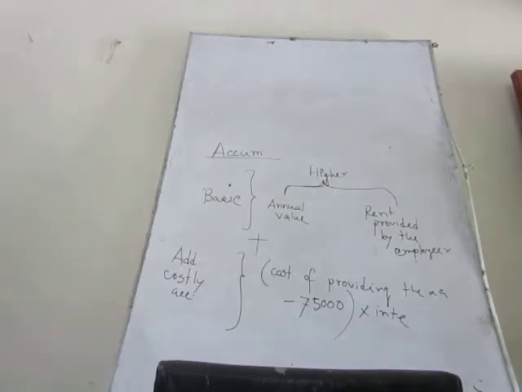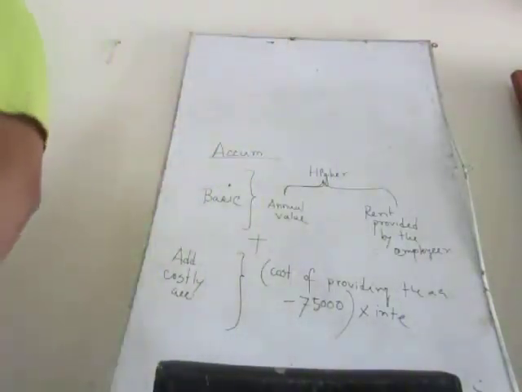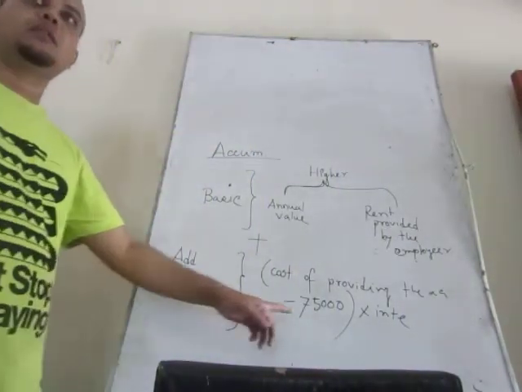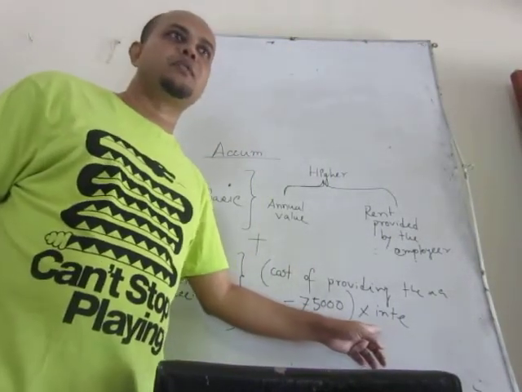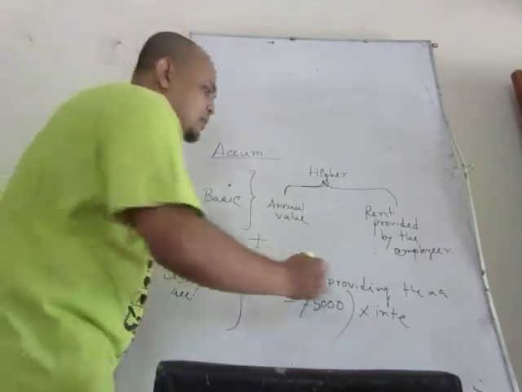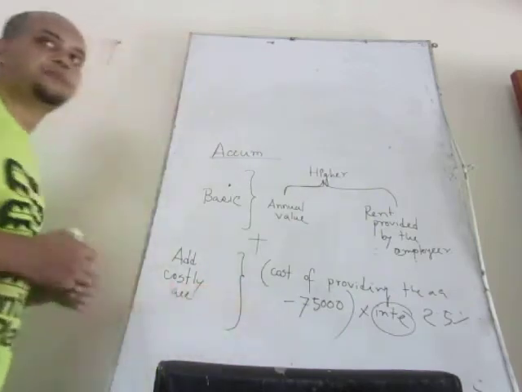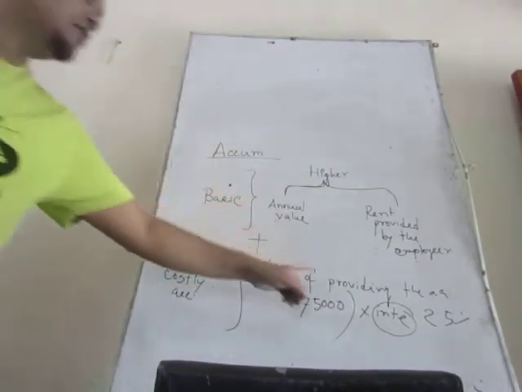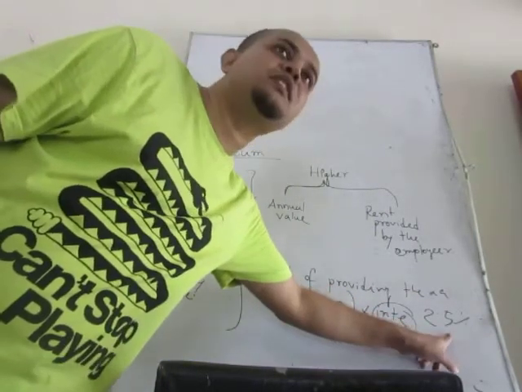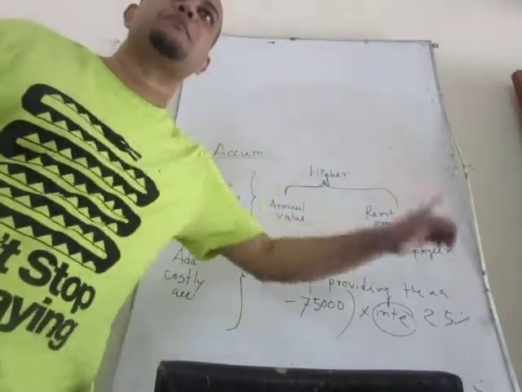And what is the interest rate? You have to memorize this interest rate as well. 3%? 2.5%. So this interest is 2.5%. You have to memorize this formula, and even this interest rate will not be provided. You have to memorize this.